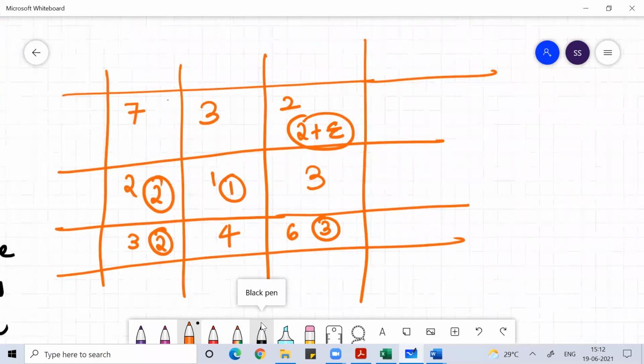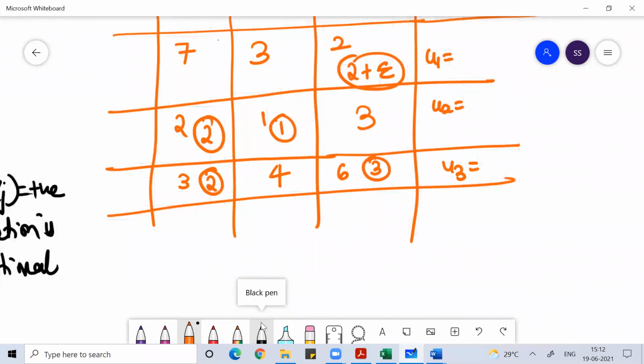Okay, now this is the allocation we did. Again this is u1, u2, u3, and write v1, v2, v3. If I put this equal to 0, where the maximum allocation is, then this will become 2.